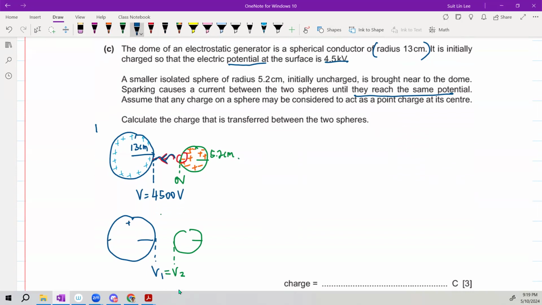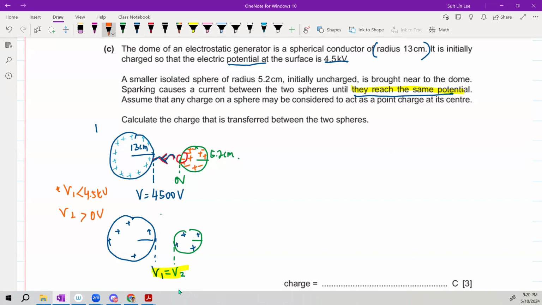So there's less positive charge here. Okay. And then this one also will be charged slightly positive because it lost some electrons. Like that. So V1 equal to V2, until they reach the same potential. Full note here, V1 is less than 4.5 kV. V2 will be greater than 0 volt.